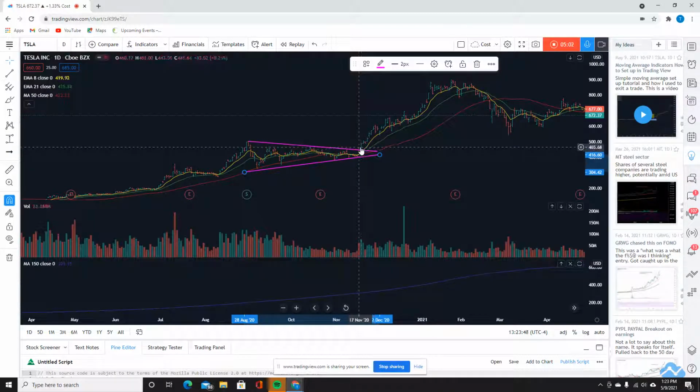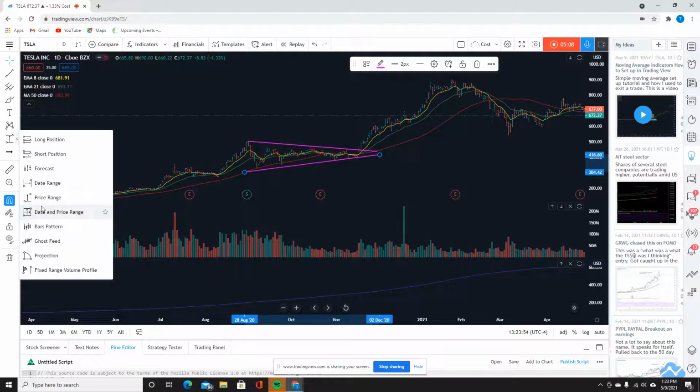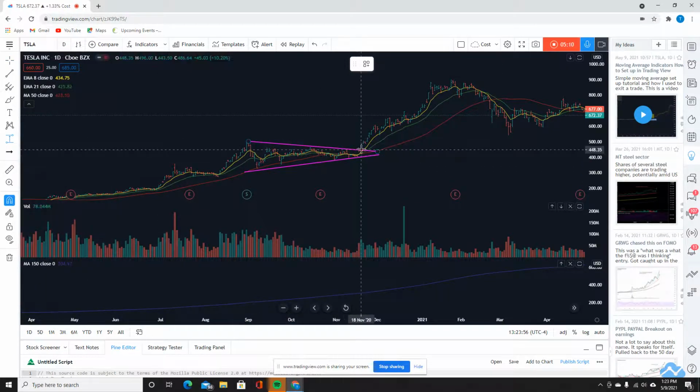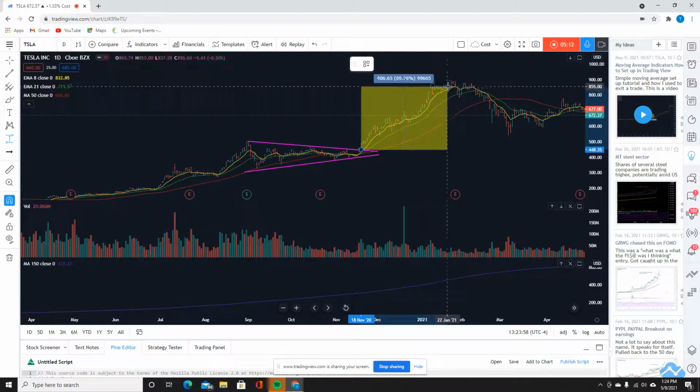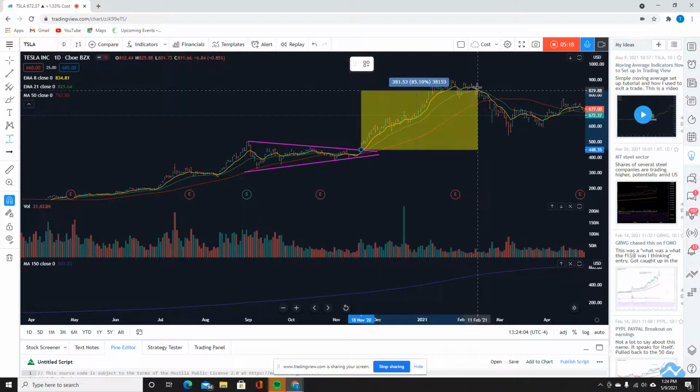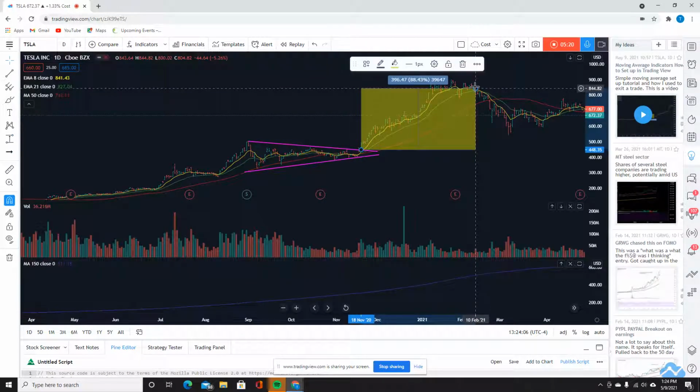And that day, the stock broke out from the trend line, and I jumped on board, and I was able to ride the stock from this trend all the way up to, I think, about 840 when I started exiting out of the stock, right around here, when it started rolling over.